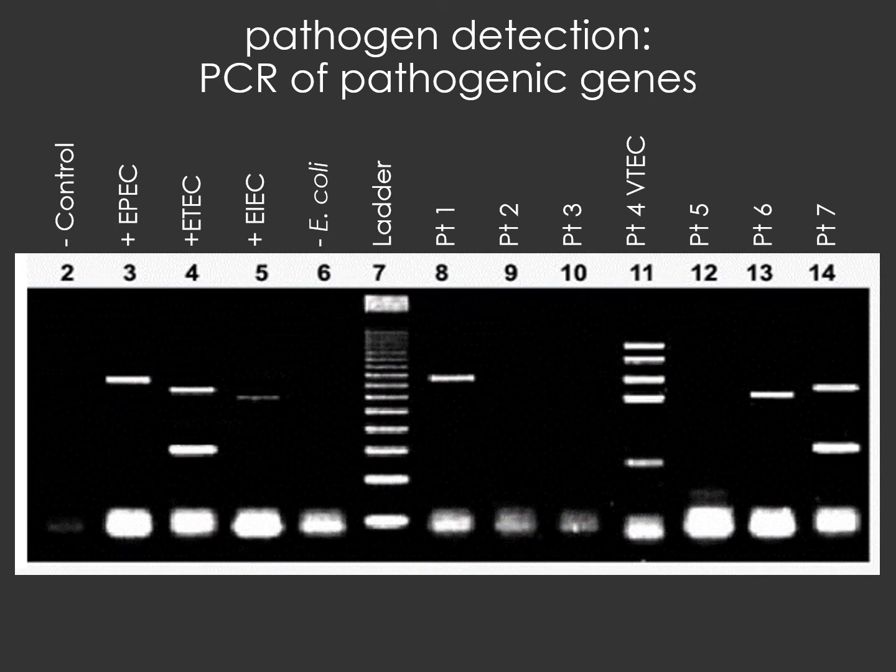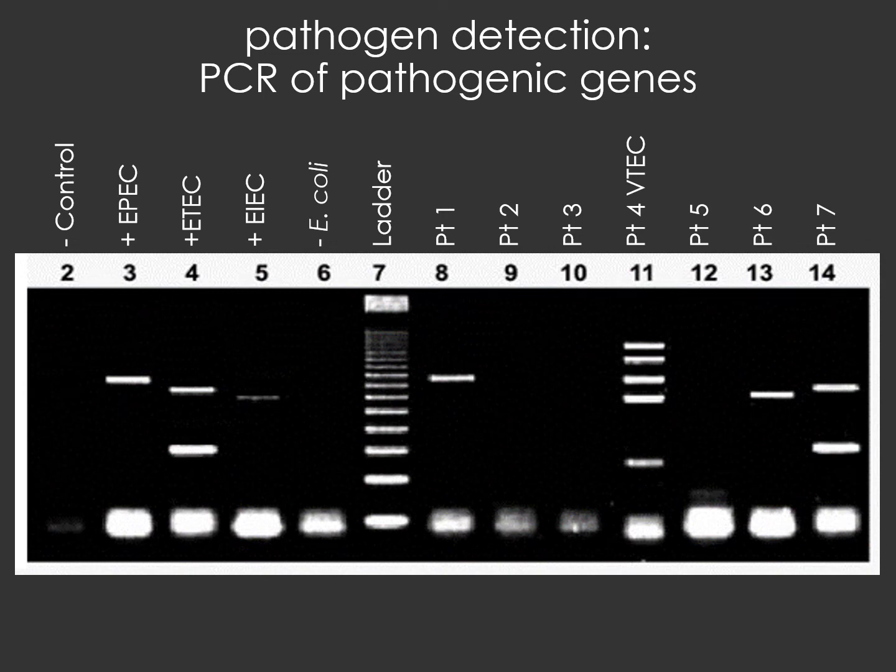Patient 2 and patient 3 have none of the genes that are associated with pathogenic E. coli. Patient 4 actually has a banding pattern that was not tested for in the initial experiment, but lines up with a 4th pathogenic strain of E.